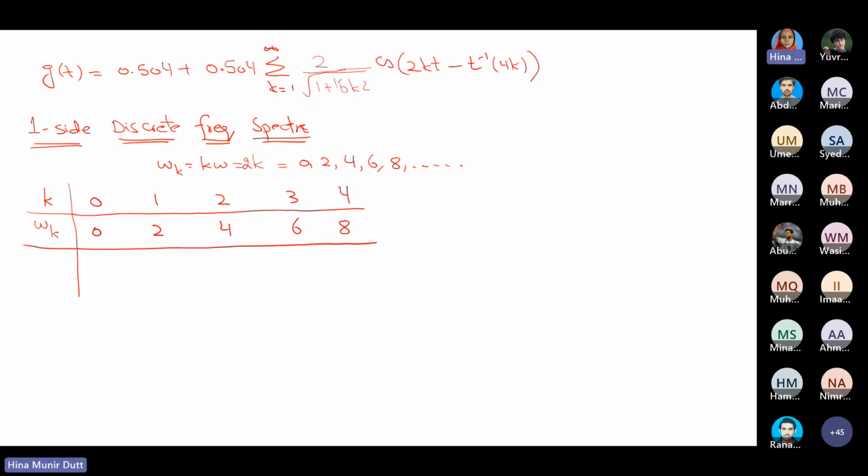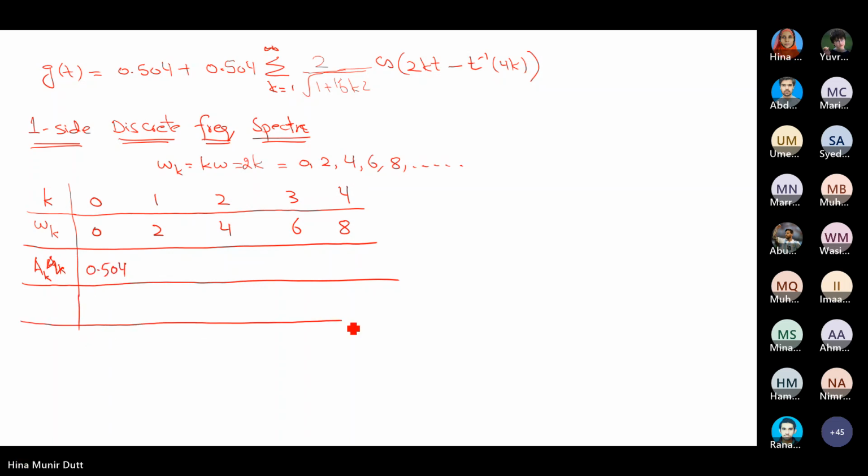So I have to plot angular frequency component against this Ck. This is 0.504. Substitute different values in it.